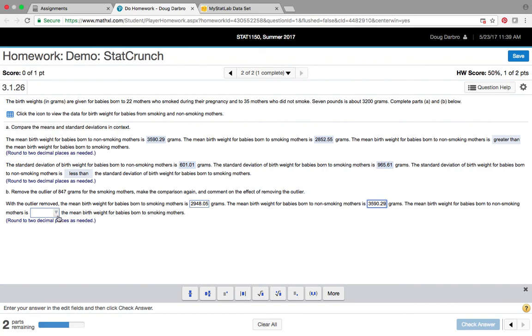And we can say that the mean for non-smoking is less than. No, I'm sorry. The mean weight for babies born to non-smoking is greater than.